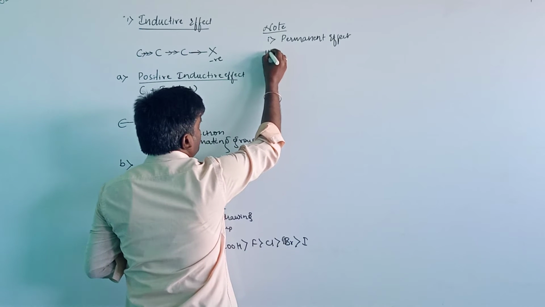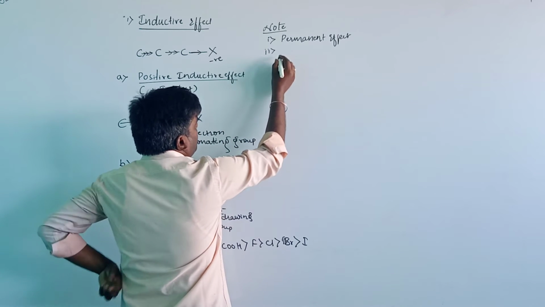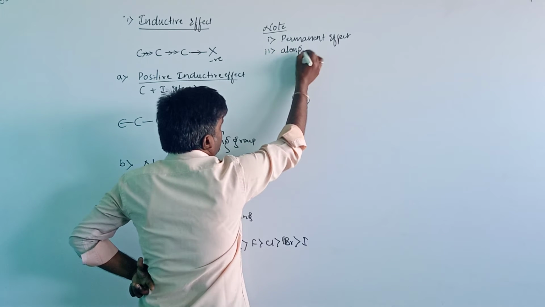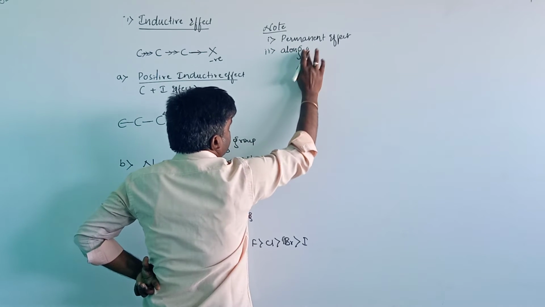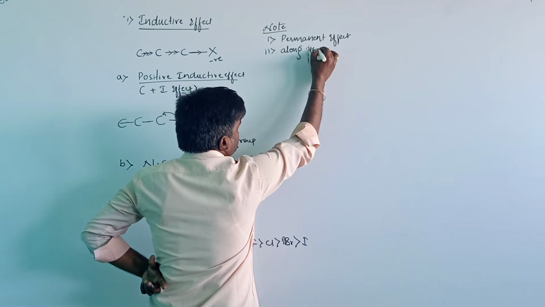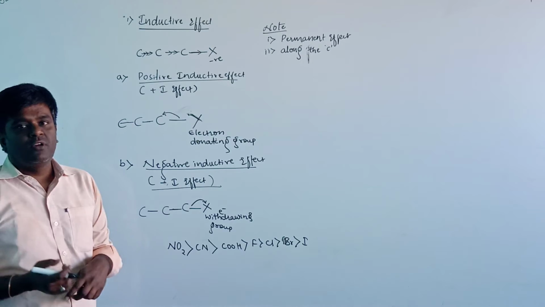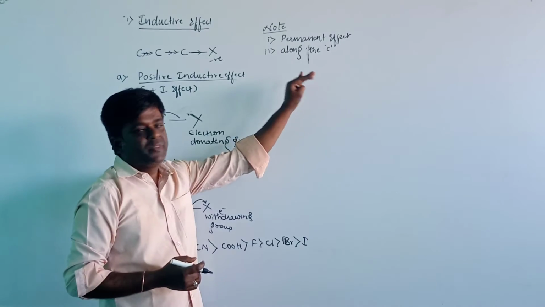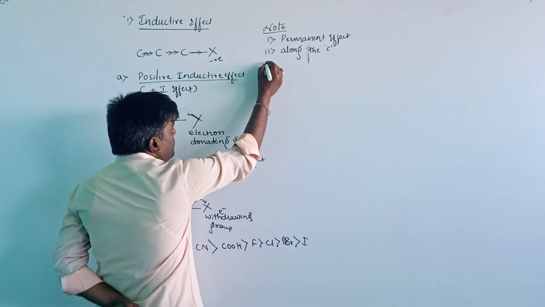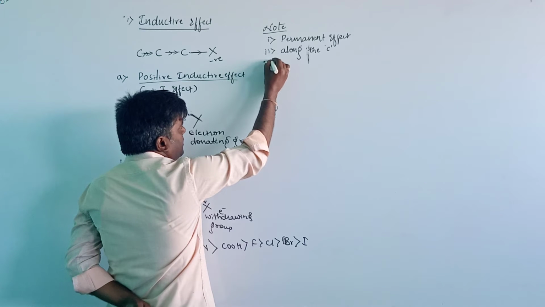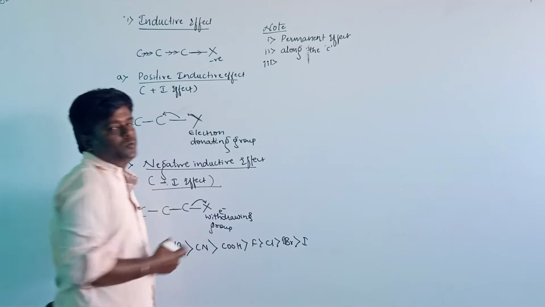The second note: the movement of electrons takes place along the carbon chain. And the third note: beyond the fourth carbon atom, there is no effect.